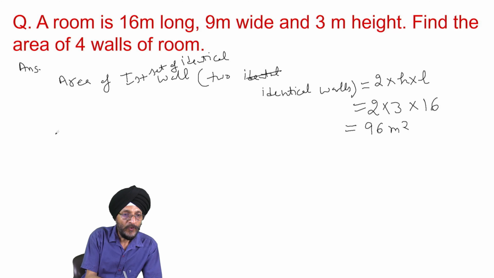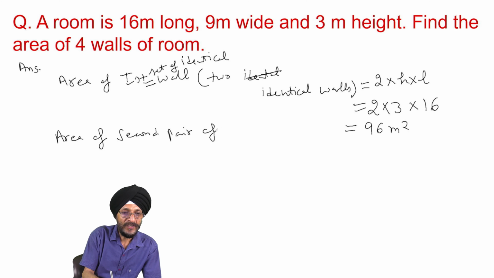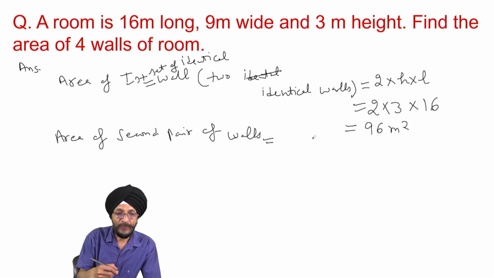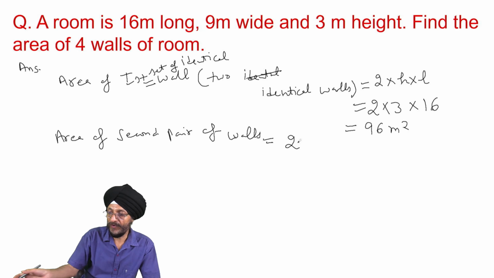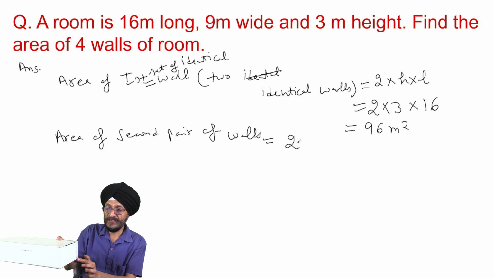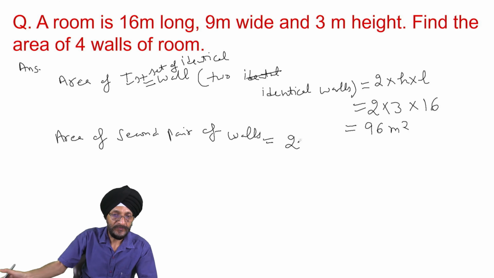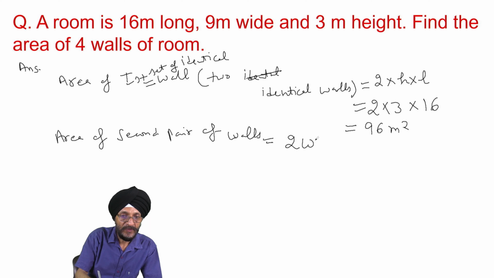So now we will find out the area of the second pair of walls. The first pair of walls we have calculated, and now it is the turn of the second pair of walls. Now what is the second pair of walls? This is the width, and this is the height. We will put in the relevant values.